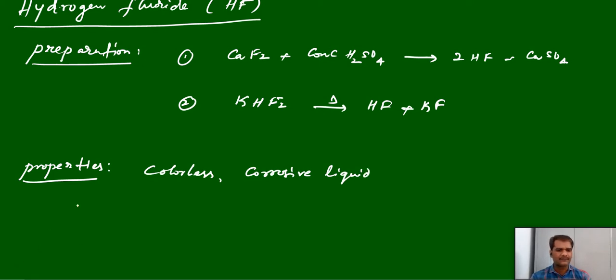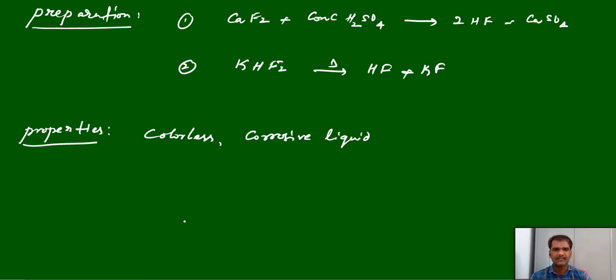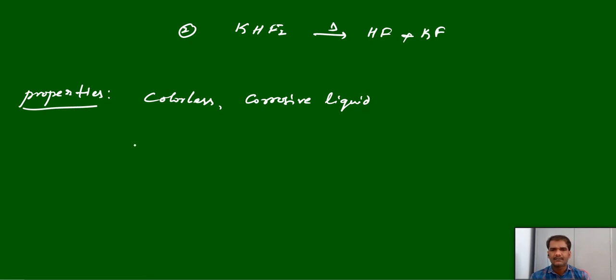And it will react with glass materials and silicates, silica material, and this is a very important point. Based on this, silica or glass can dissolve in HF, and hence HF can be used for the etching of glass.